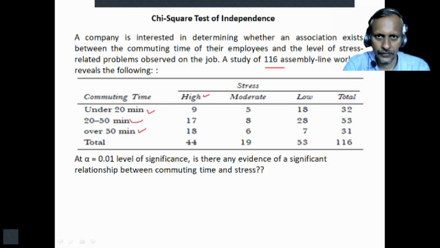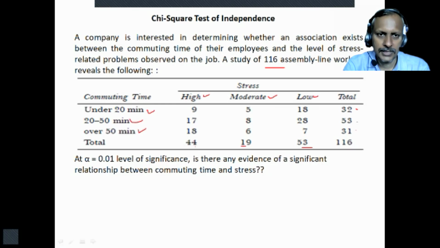So in total, we have three rows and three columns in this particular data. These are the totals which are given here: the column totals and the row totals. The column totals are 44, 19, and 53, and the row totals are 32, 53, and 31. So the grand total is 116, which is the total number of observations.